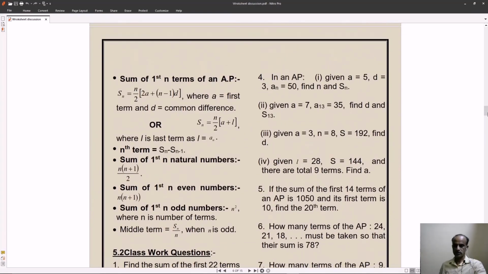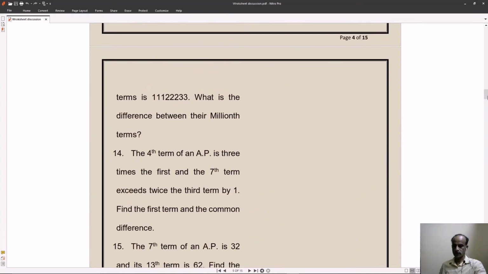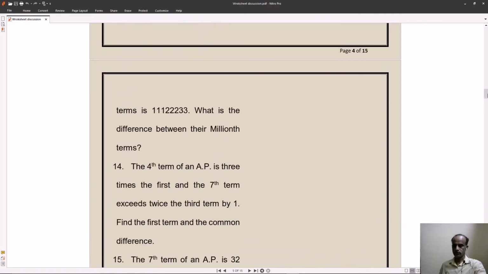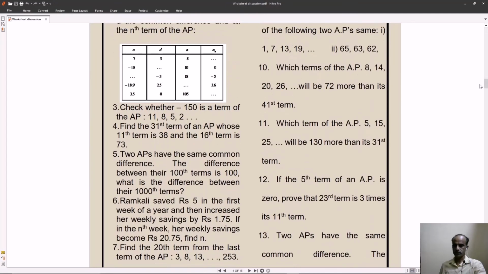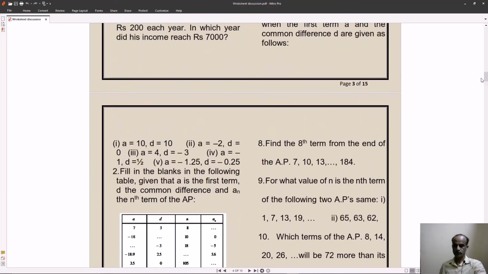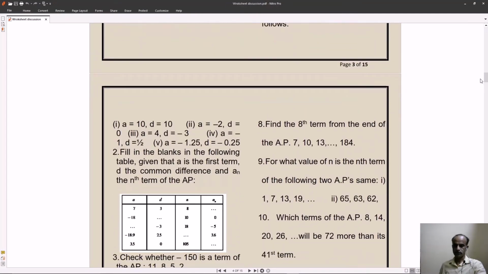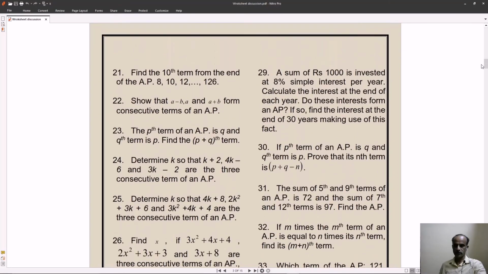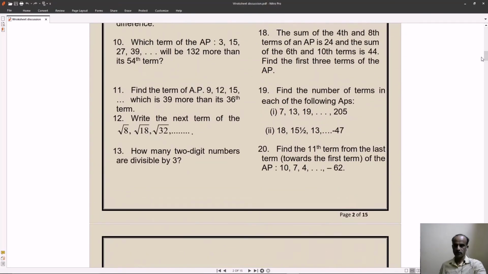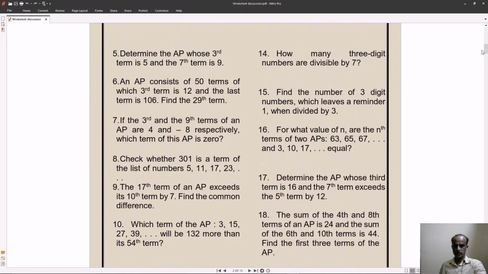I was just searching for one more, two APs, 20th term. Okay, anyway, it's not seen there immediately. Maybe later we will come back to that. And there are more questions of the same type.